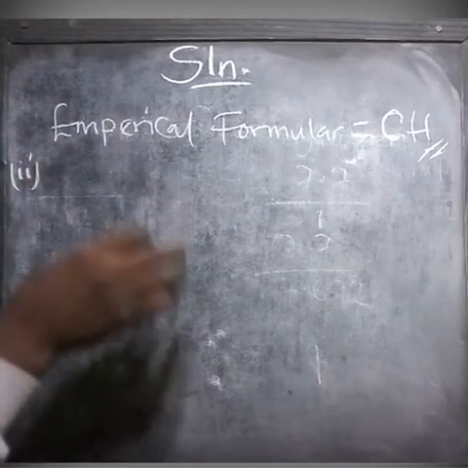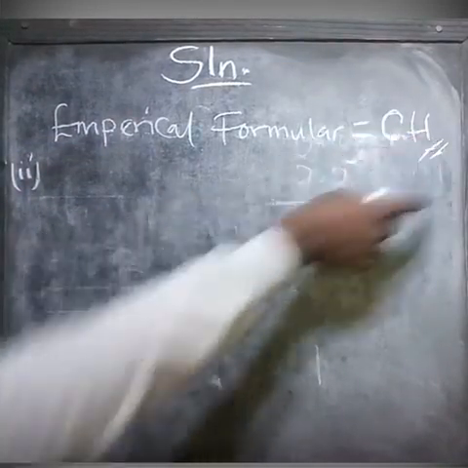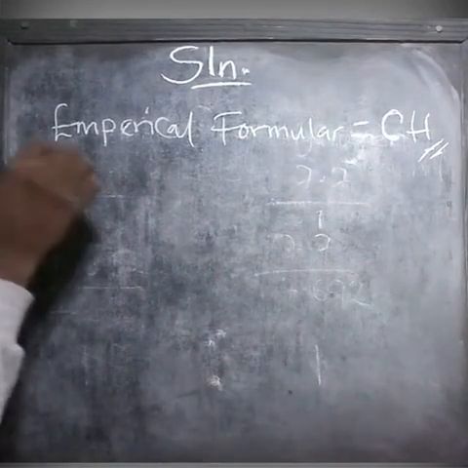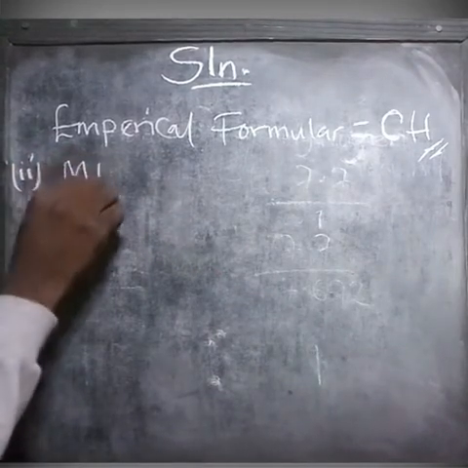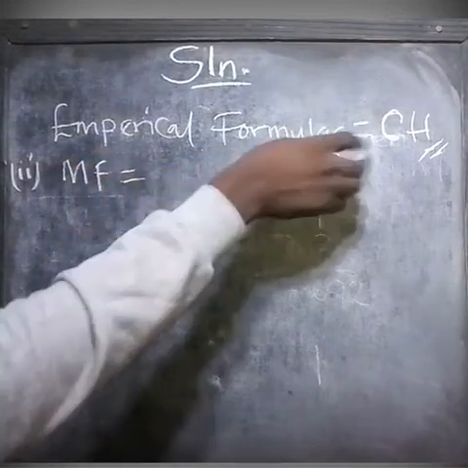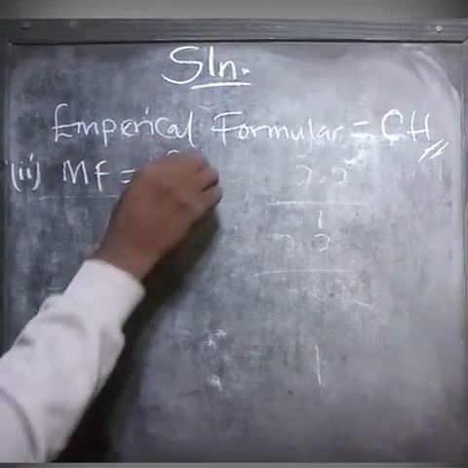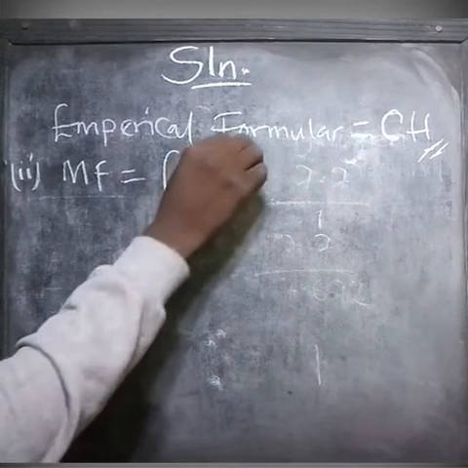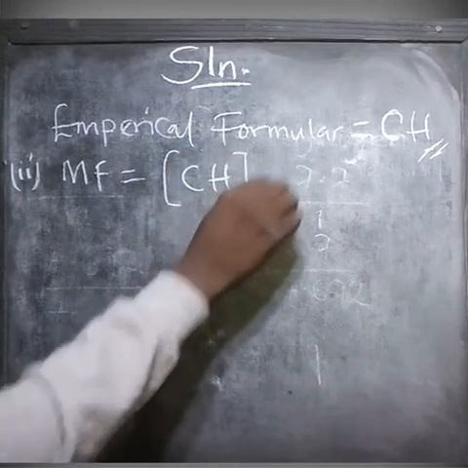So molecular formula is empirical formula subscript n in bracket. That is, molecular formula is equal to (CH)n.